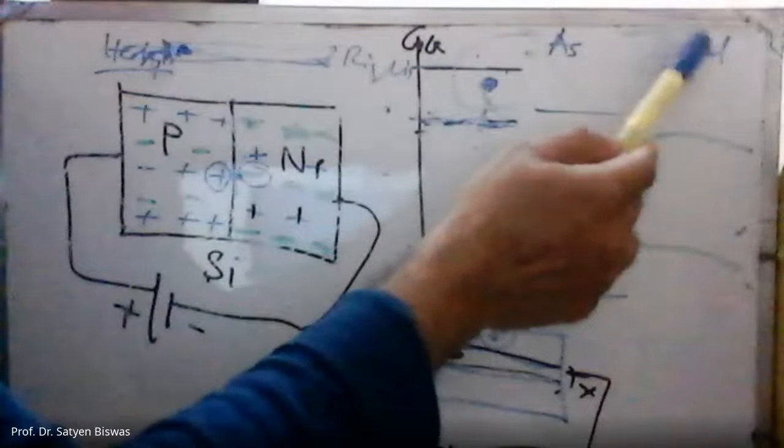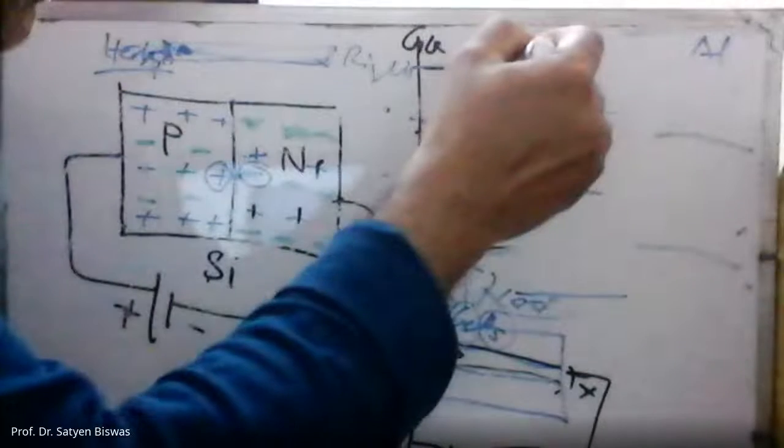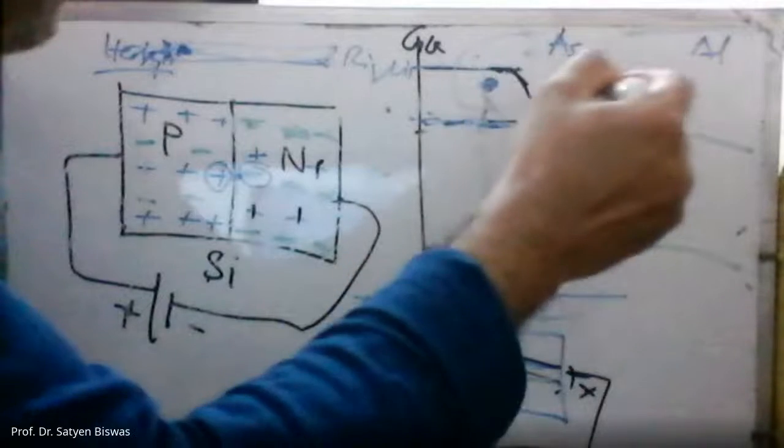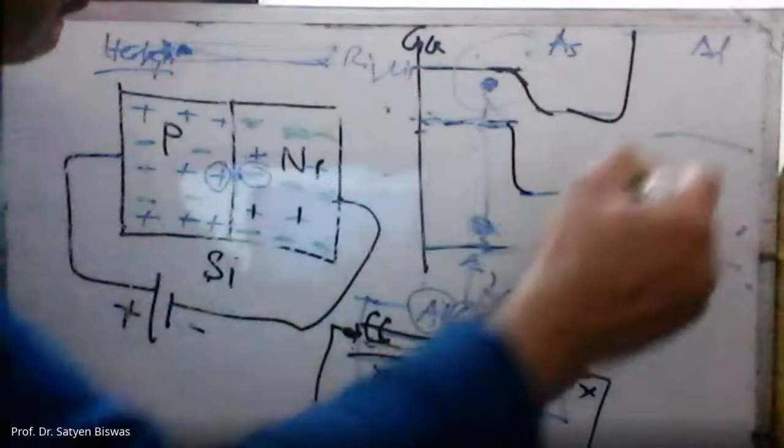Let's say, for example, aluminum has an energy level like this. The carrier living here has no energy, while the carrier living here has enough energy. You see now these are three different materials, and when you combine them together, they form one, so there will be an energy band like this.